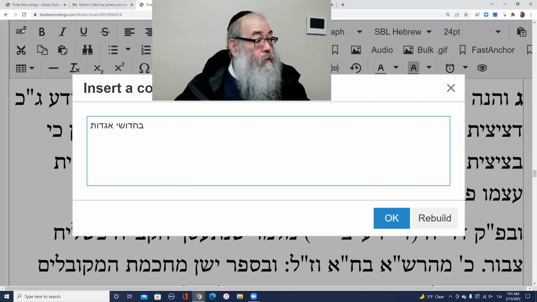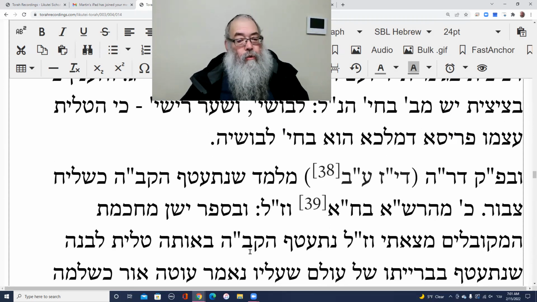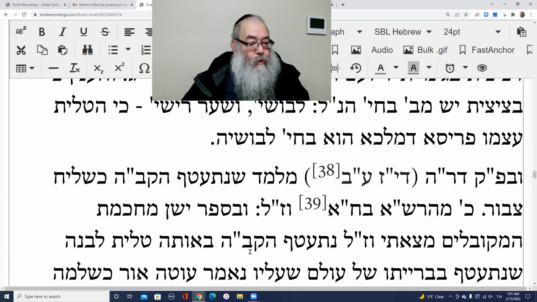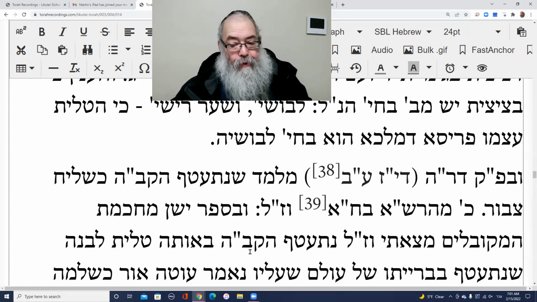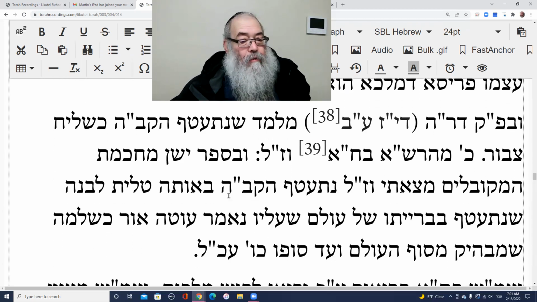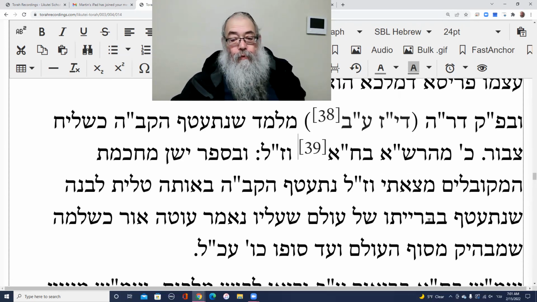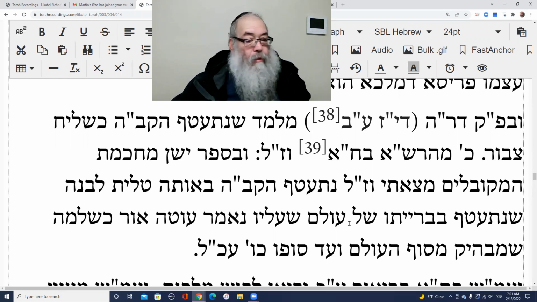It's called the Chidush HaHalachos, where he talks when it doesn't talk about the Drush, and then the other section is called Chidush HaAgados. So what he writes is like this: Ubesefer Yoshon Mechochmos HaMekubolim Motzosi. I found in an old sefer from the Mekubolim, it says there, this Atev HaKadosh Baruch Hu ba'oisu talis levana. Hashem wrapped himself in that white talus, shenis Atev b'briyosah shel olam, in which he wrapped up when he created the world.